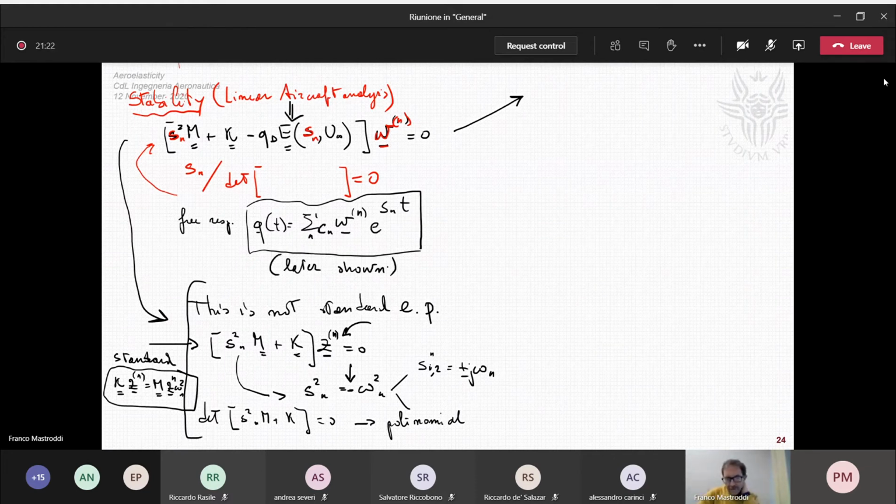In general, we have a black box giving you the aerodynamic matrix E whenever you have a complex value S. So you can call the evaluation of the E matrix whenever you have an S value, and you can have, for example, an iterative procedure for finding Sn and Wn.